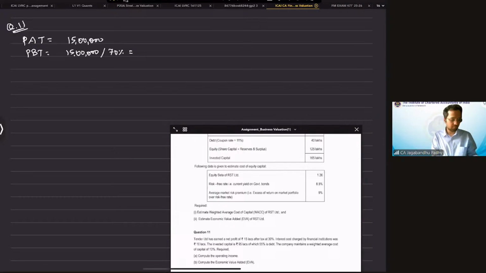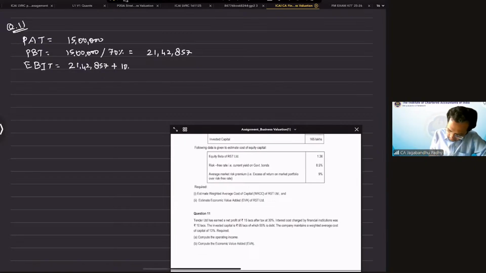Then we get the EBIT as 21,42,857 plus the interest cost of 10 lakhs, which is 31,42,857. So that's your EBIT.